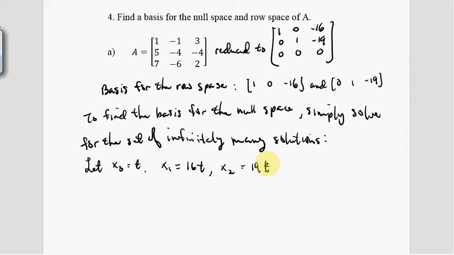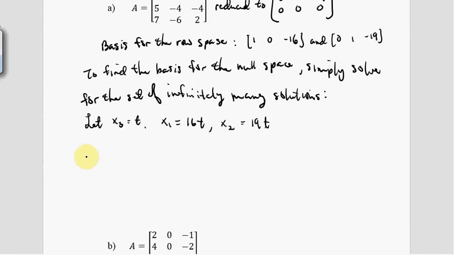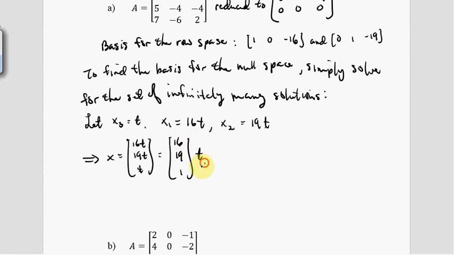Do you see that? Brother Luke, you see that? Okay, good. So then this implies that x is equal to x sub 1, which is 16t, x sub 2, 19t, and x sub 3, which is t. That is, this is (16, 19, 1) times t.